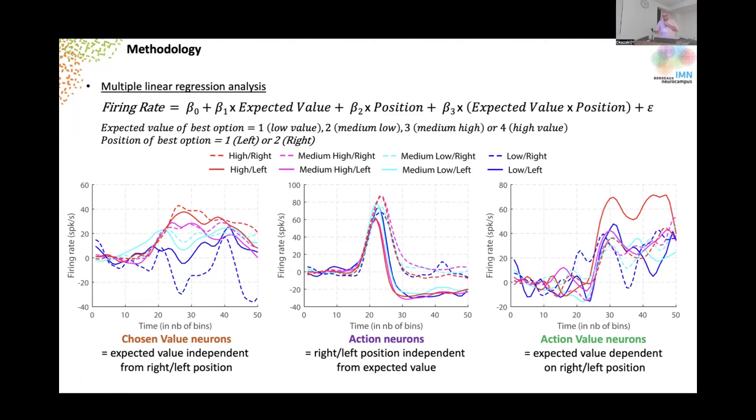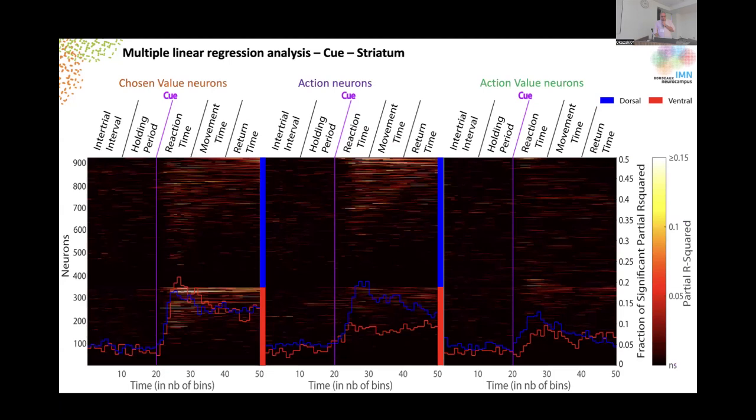So we have these three kinds of populations of neurons, and we will look at how they are distributed in the striatum and the pallidum, and we will divide striatum and pallidum in dorsal and ventral according to their position in space during the recording.